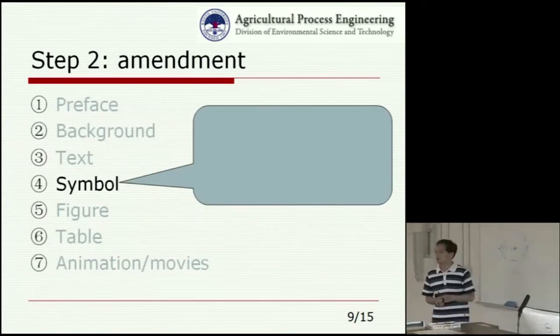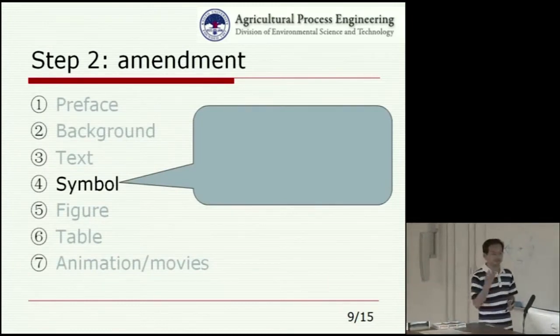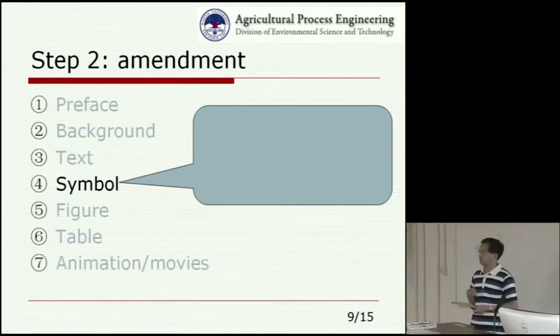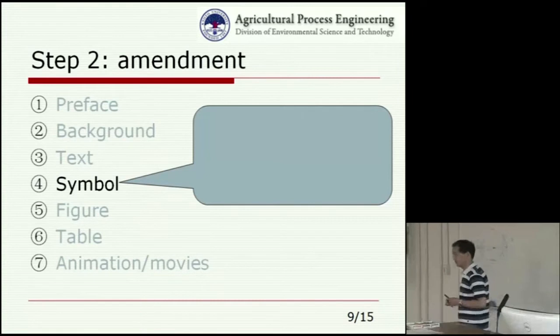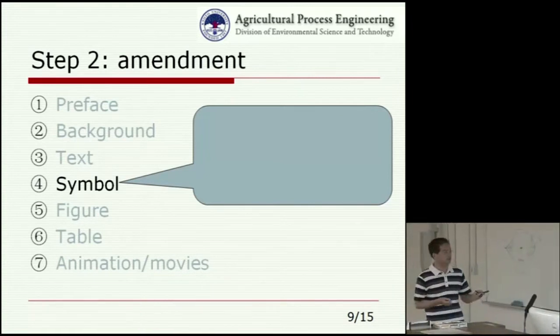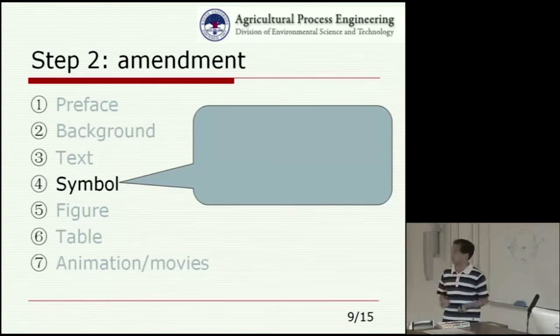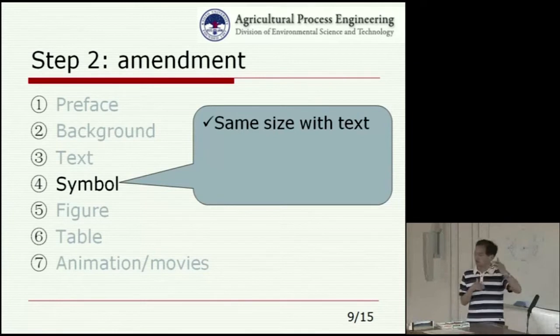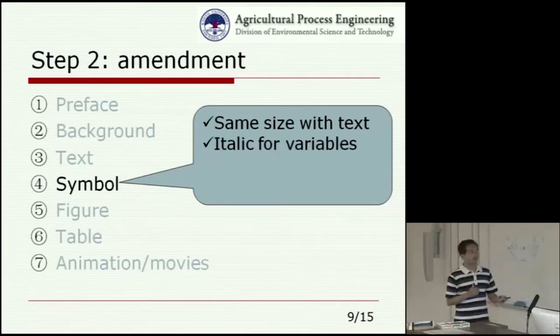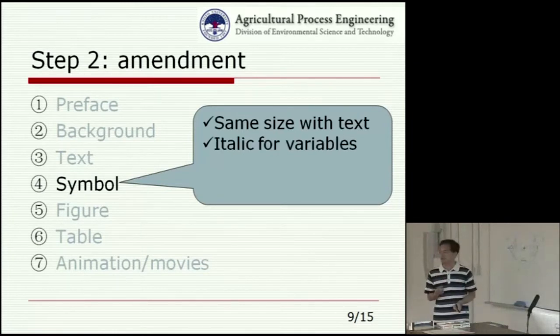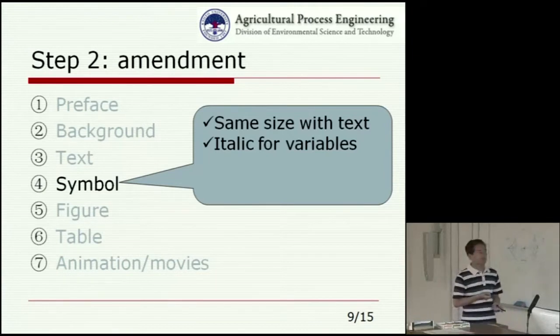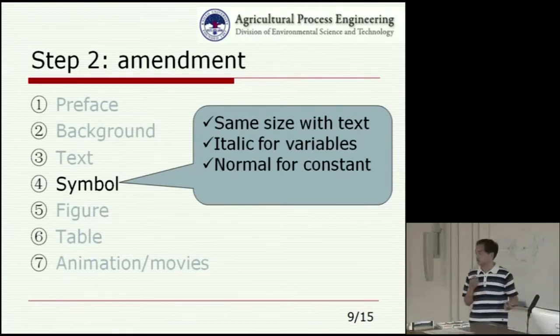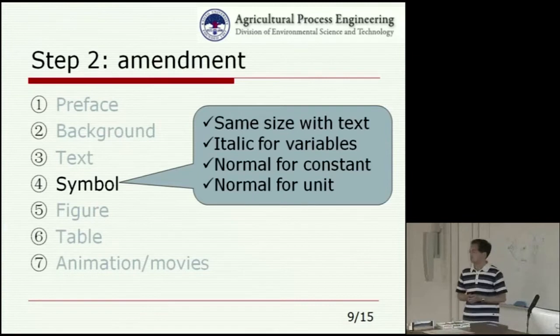And the symbols. Actually, if you have submitted papers to international journals or international conferences, you must know some rules about symbols, figures, and tables. As for symbols, they should be the same size as the text, not too big or too small. And they should be italic for variables, and normal for constants and units.